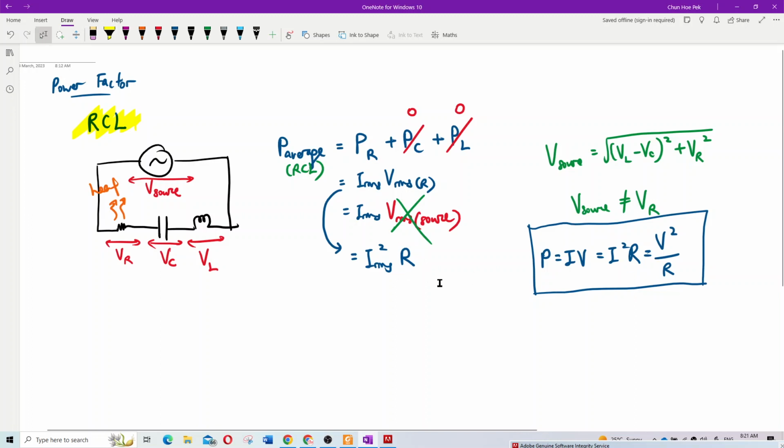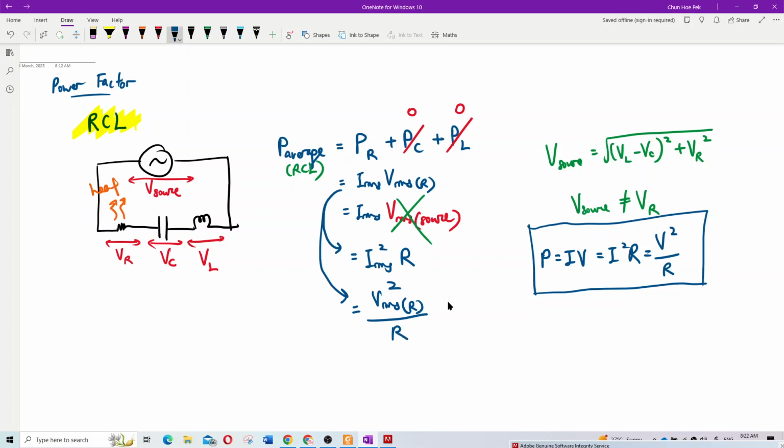And then we can also change it to VRMS squared over R. This is for VRMS R. Just make sure you use V for R, and then use the resistor R, to calculate the average power, because power across the capacitor and inductor is 0.